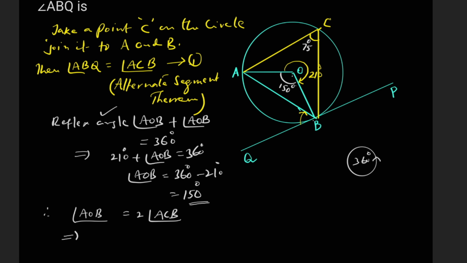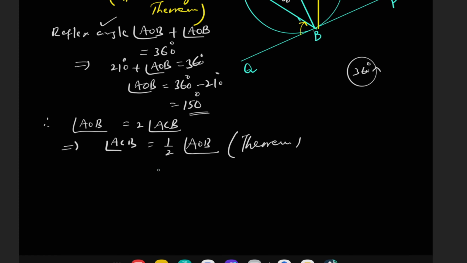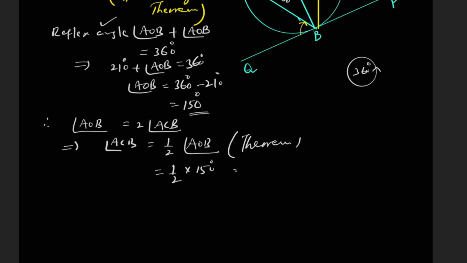Or inversely, angle ACB is half of angle AOB. Therefore ACB is half of 150, which is 75 degrees.